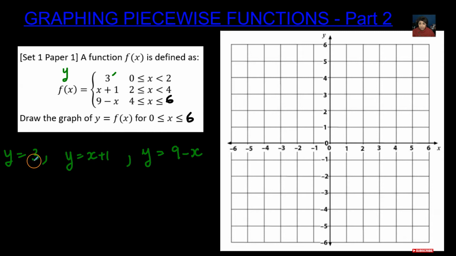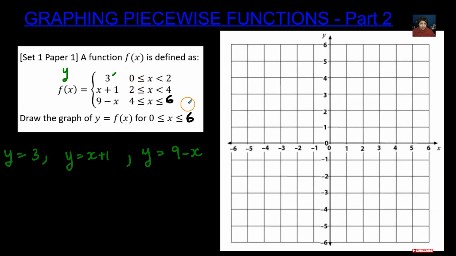So y is equal to 3 is only valid when x is greater or equal to 0. So what do we do? Y equals 3 is a horizontal line all the way there, but it's only valid when x is greater or equal to 0.